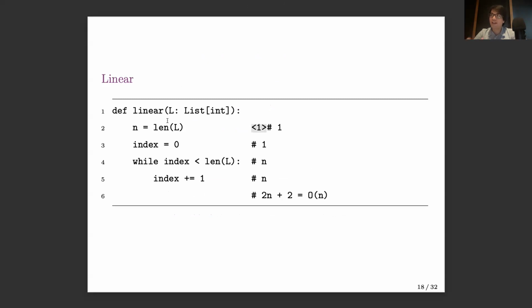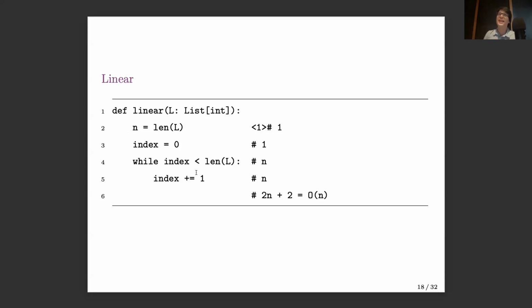So here's how we're going to count the operations done here. I'm going to give a list called L, and the list has length n. How many assignments are we going to do at line 2? 1. How many assignments at line 3? Well, 1. How many comparisons are we going to do at line 4? n, because this is pushing that index up.